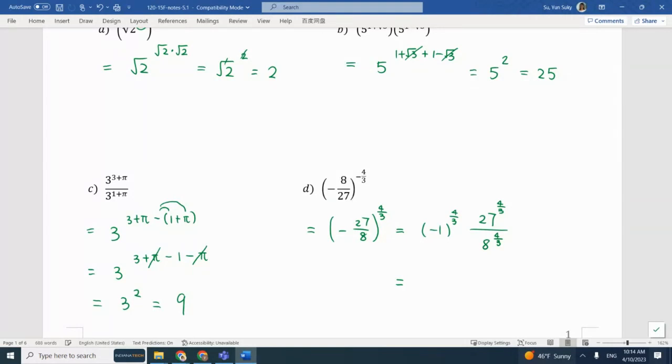What does 4/3 mean? The third means you take the cube roots. What's the cube root of negative 1? The square root of negative 1 is i. The cube root of negative 1 is... Do you remember the graph of cube roots?